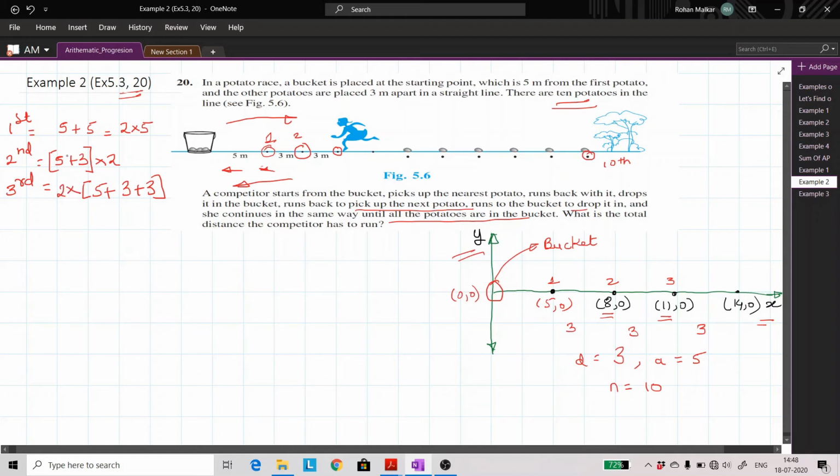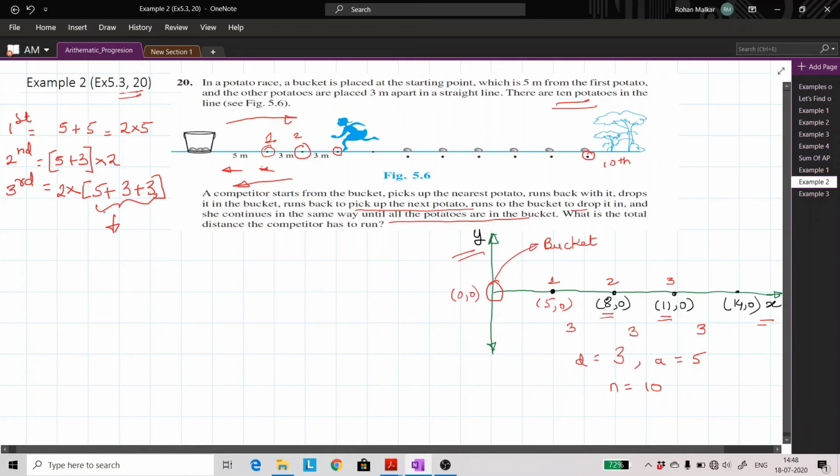If you look at this first, second, and third example, there is a trend that is forming. Whatever you see in the brackets are nothing but the terms of an AP, and you're adding all the terms of an AP.